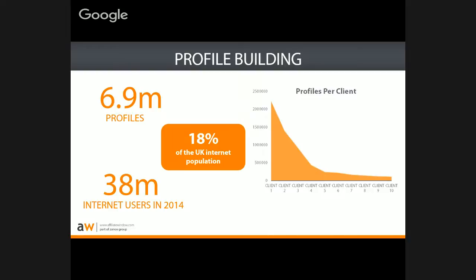Currently, we've got about 7 million profiles, and I estimate that this is about 18% of the UK internet population. So what I said about reach earlier in the deterministic solution is definitely valid.